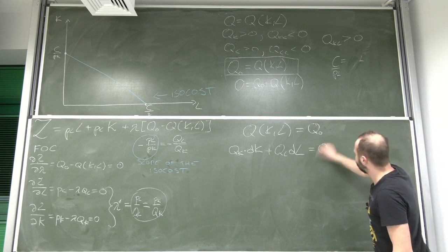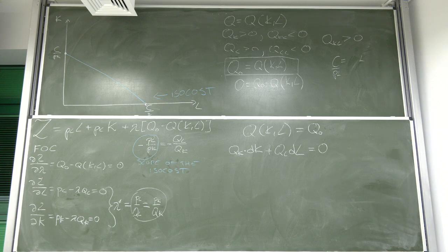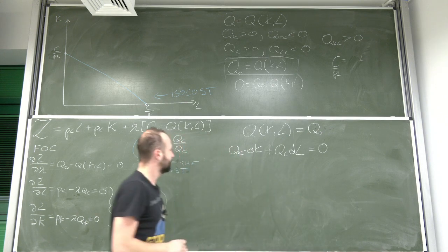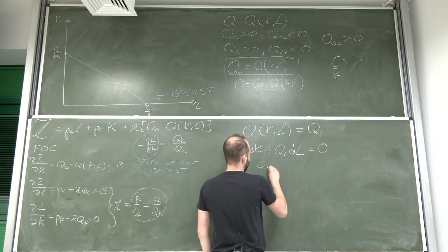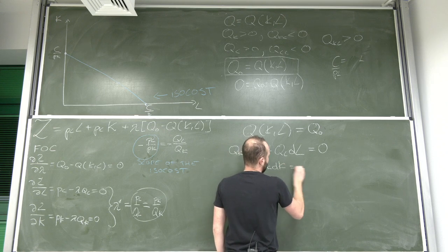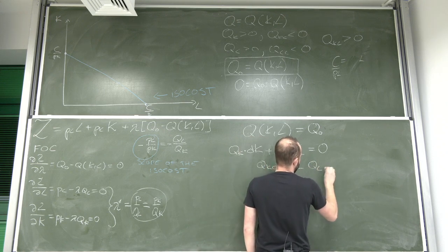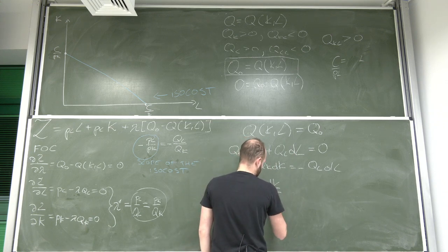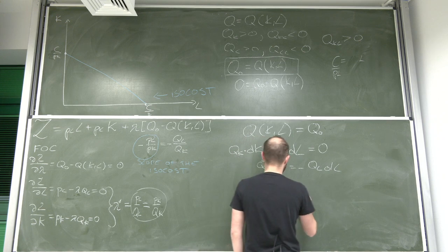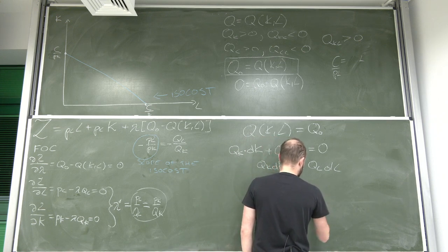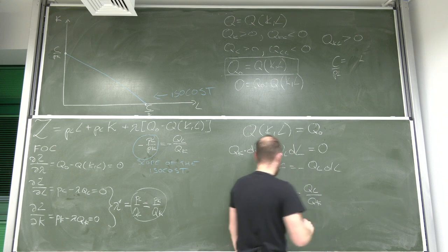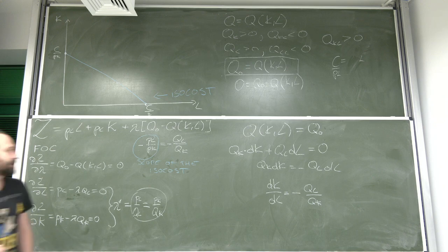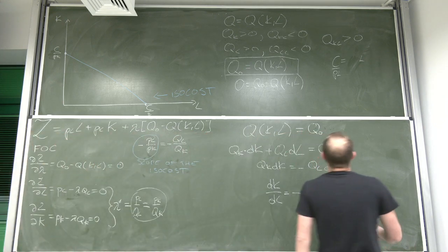So we will have differential that is equal to 0. Now, we can solve this quite easily for dk/dl, right? We have qk dk equals negative ql dl, or dk/dl is equal to negative ql/qk.